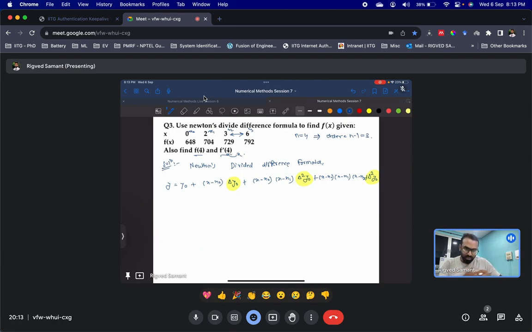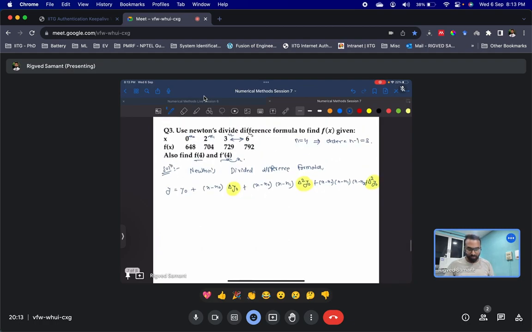Now we will see how to construct Newton's divided difference. This is the divided difference notation. Only one delta is just the normal forward difference, and this is the divided difference, which is denoted by this.